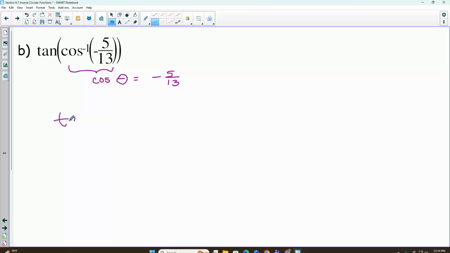And we have to find tangent of that angle. Cosine inverse can be in which quadrants? 1 and 2. Which one is this going to be in? 2, because it's a negative.